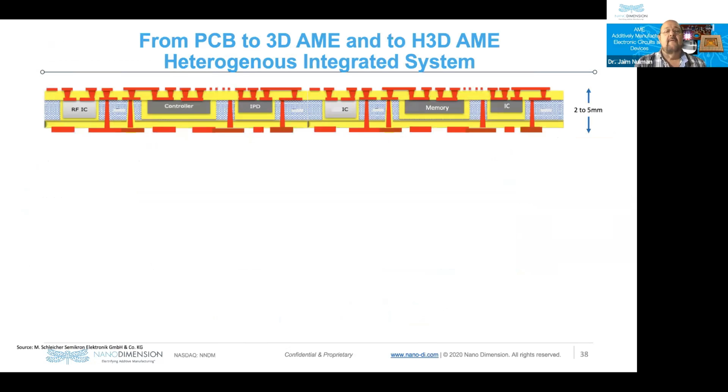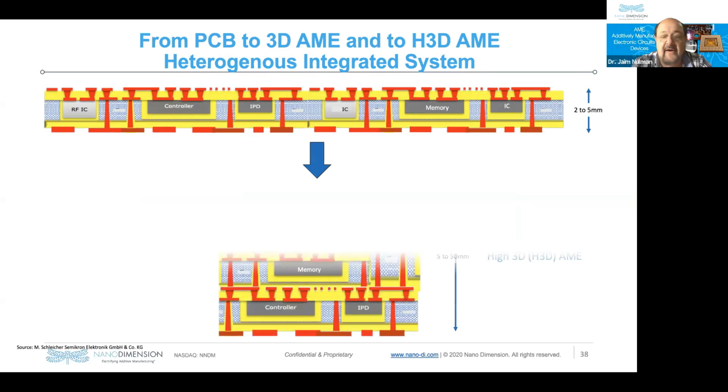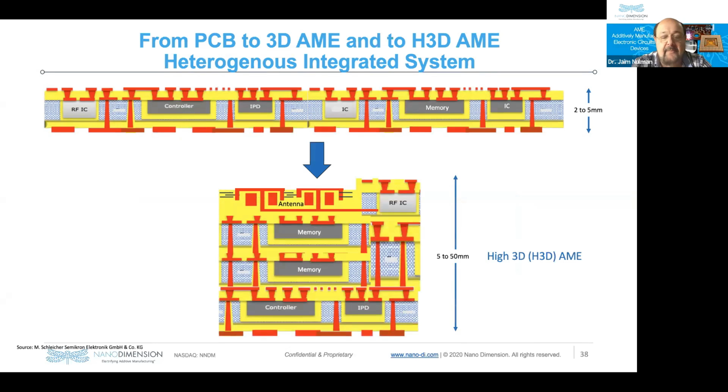So if we look at the overall PCB type of technology that we described, how it's going to the 3D all in one package, but this is a 3D between 2 to 5 millimeters. There is also a direction of the industry to go to a true vertical integration, true 3D, as opposed to expanding X and Y and shrinking there. Not only do the X and Y shrink, but also start stacking this thing up, anything between 5 to 50 millimeters.